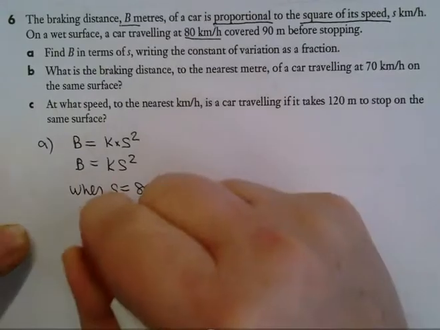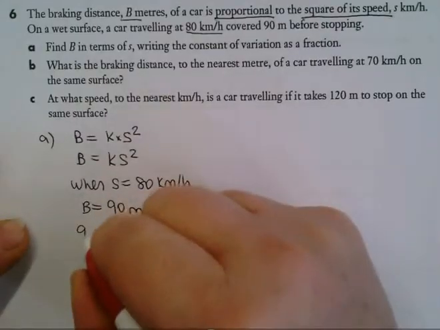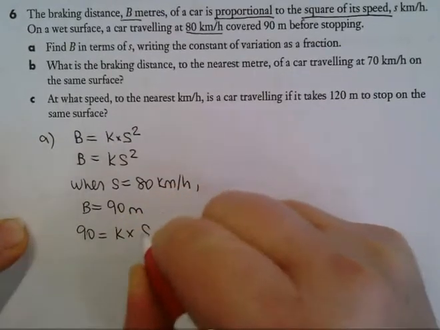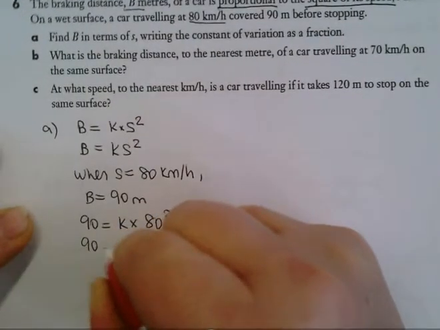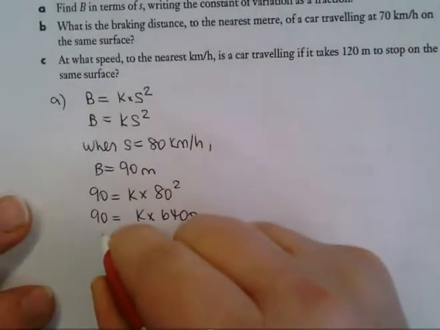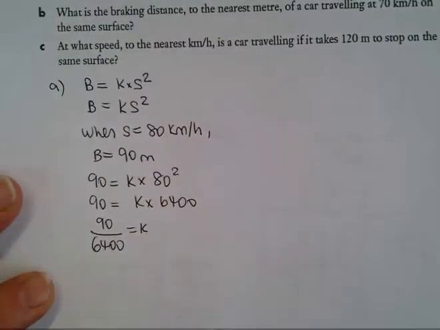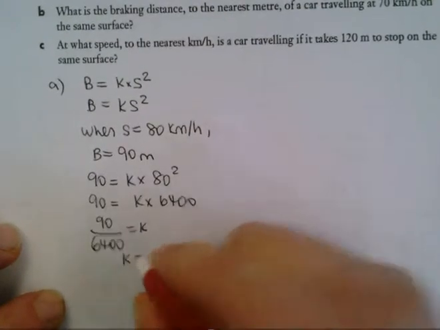B is 90 metres. That's your braking distance. So we've got 90 equals k times 80 squared. 90 equals k times 6,400. So 90 over 6,400 equals k. Well, look, we know we can divide numerator and denominator by 10.